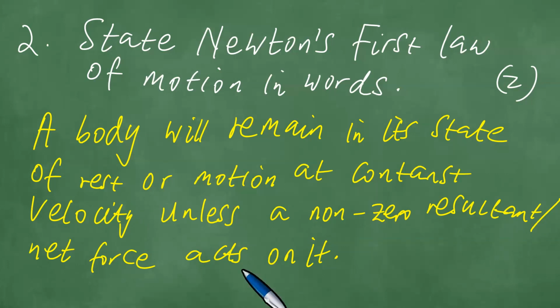So make sure you learn it and you understand it. The law states that a body will remain in its state of rest or motion at constant velocity unless a non-zero resultant or net force acts on it. Next question.